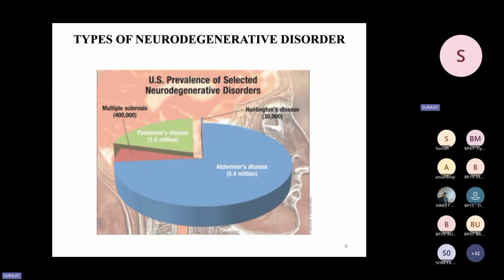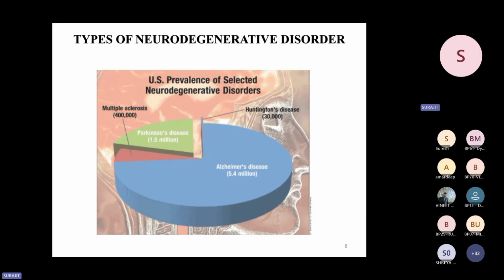There are different types of neurodegenerative disease. The four most common are Alzheimer's, ALS, amyotrophic lateral sclerosis, Parkinson disease, and Huntington's disease.